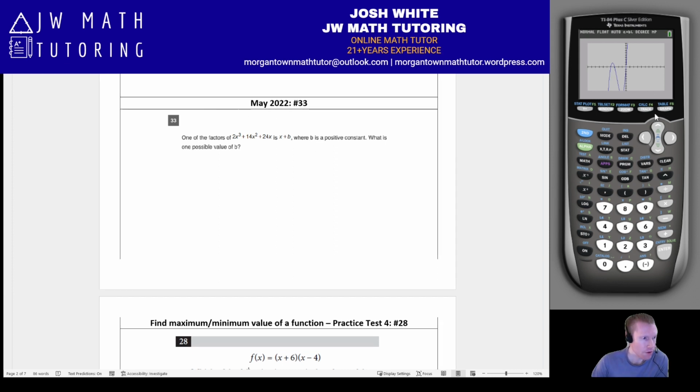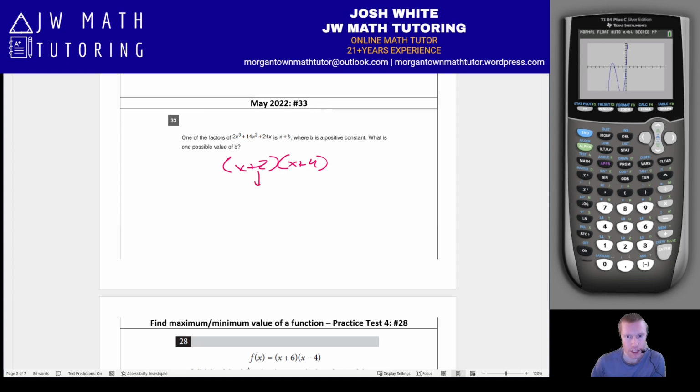Okay, so notice it's asking for b, where b is a positive constant. So that means, and here's what you have to be aware of: if you took this expression and factored it, and you had something like, hypothetically, x plus 2 times x plus 4 times whatever, there'd be another parentheses here.